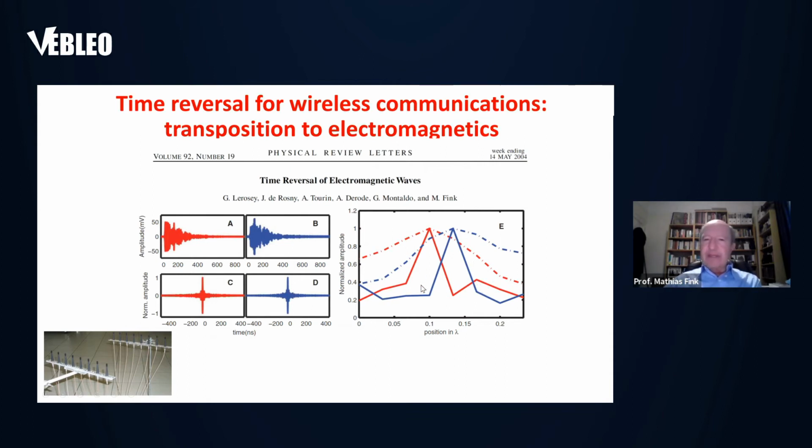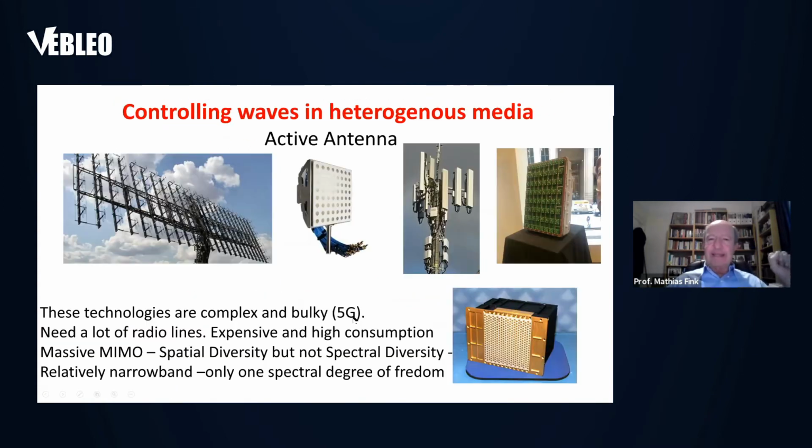Now, for all this to be very interesting, you need to have both spatial diversity and frequency diversity. But frequency diversity today is too expensive. It needs ultra-wideband communication. And today, people work only with spatial diversity in 5G. Frequency diversity is not big.